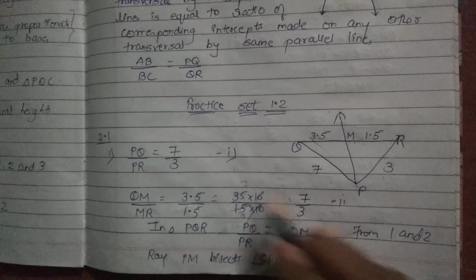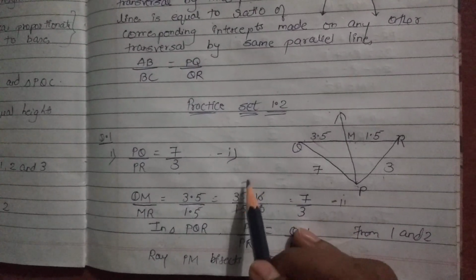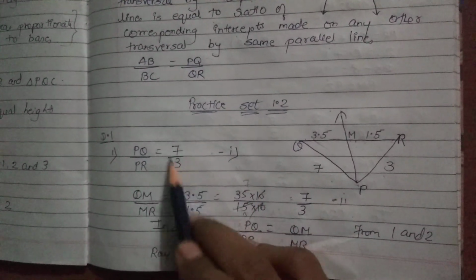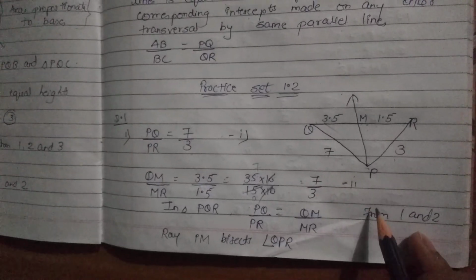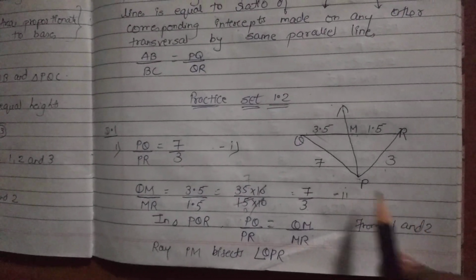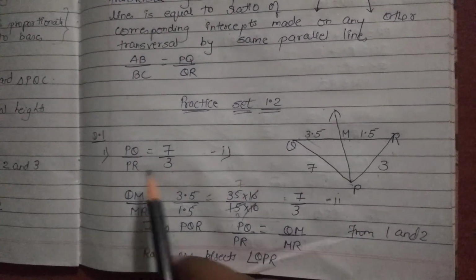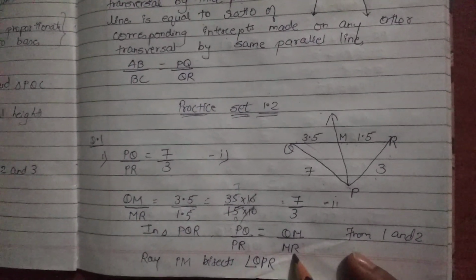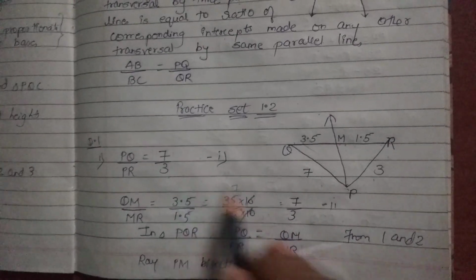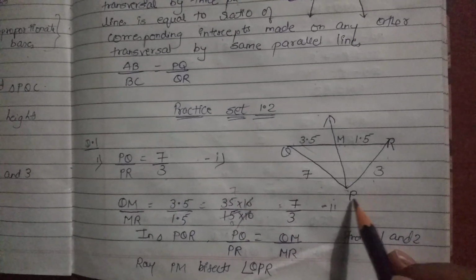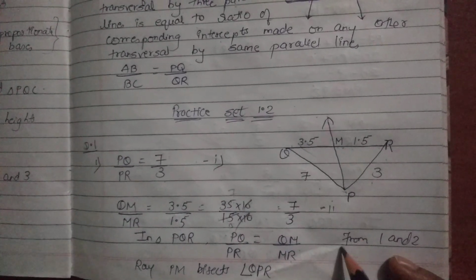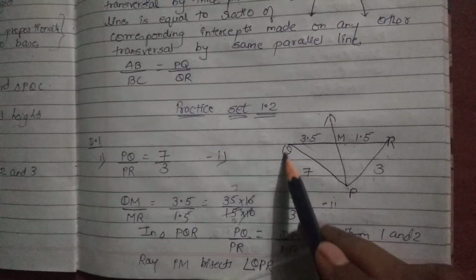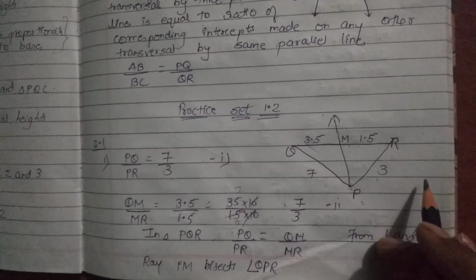From 1 and 2 you can see both ratios are 7 upon 3. They are equal. So in triangle PQR, PQ upon PR equals QM upon MR. If both ratios are equal, we can say that ray PM is the angle bisector of angle QPR. It's simple.